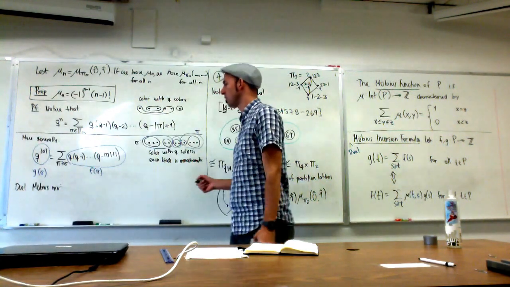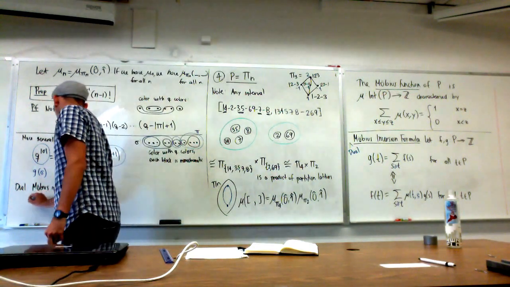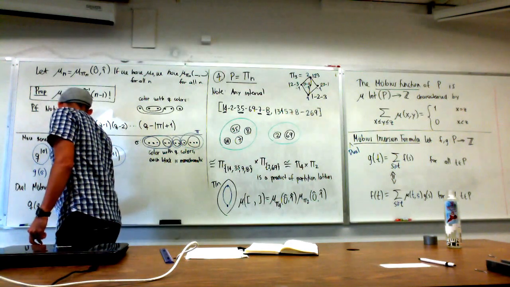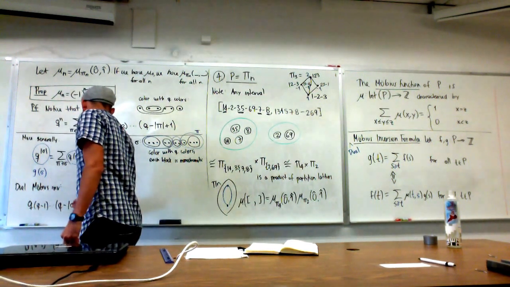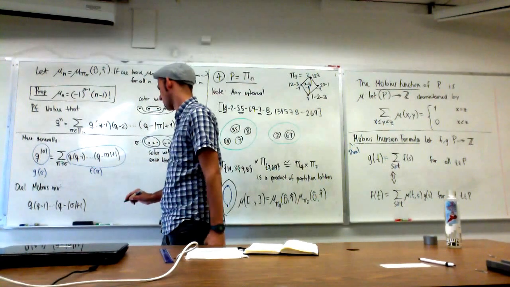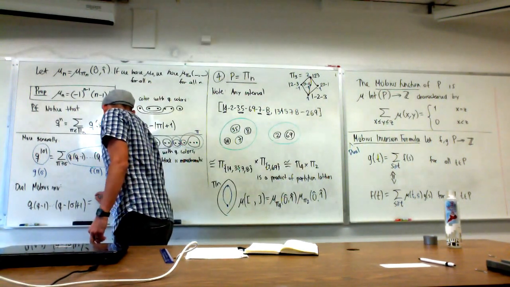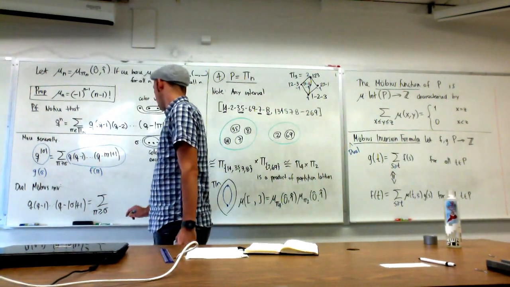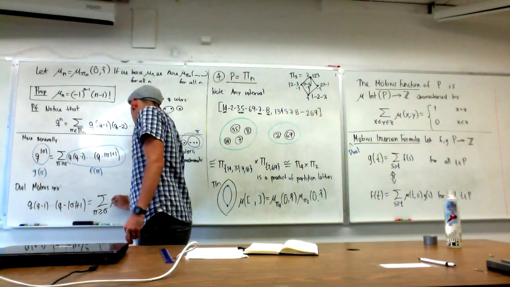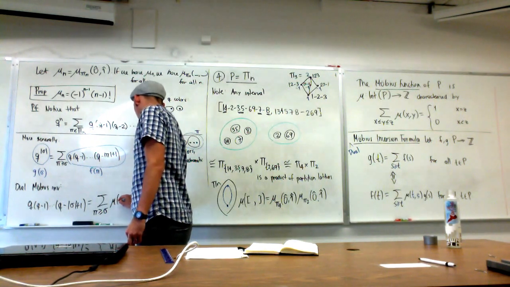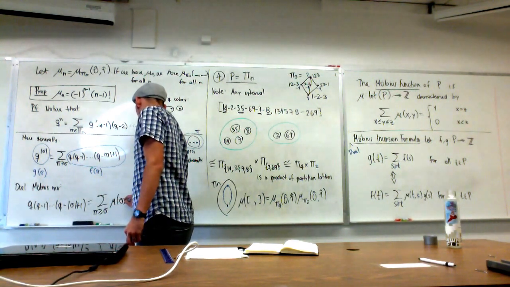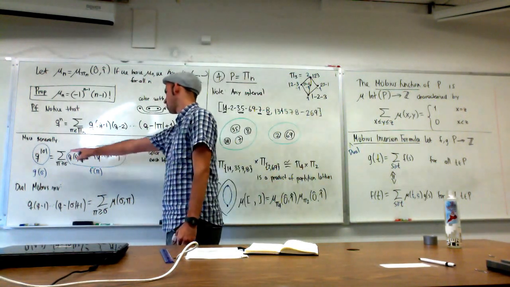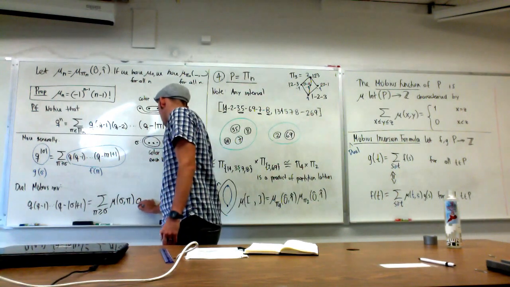So what does it say? It says that f of sigma, q minus 1 up to q minus size of sigma plus 1, is equal to the sum over pi greater than or equal to sigma of the Moebius function of sigma to pi, of now g, so q to the pi.